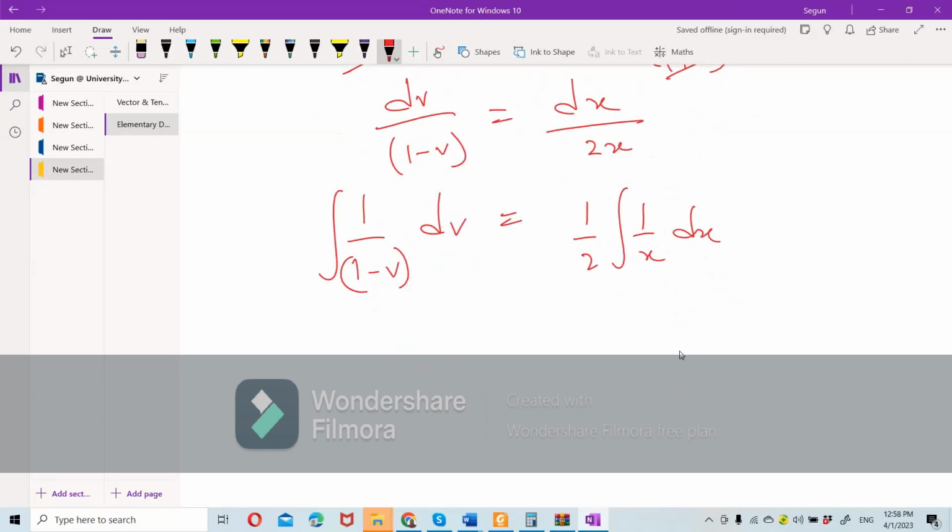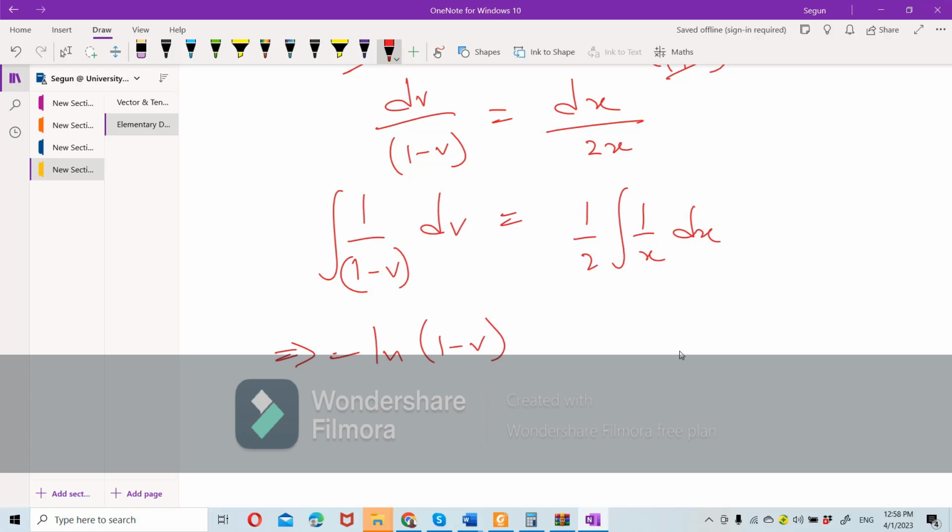So I can go ahead by saying this one will give me minus ln 1 over v. You remember the one I first of all solved, the separation, it already gave me the idea that this is what will happen.